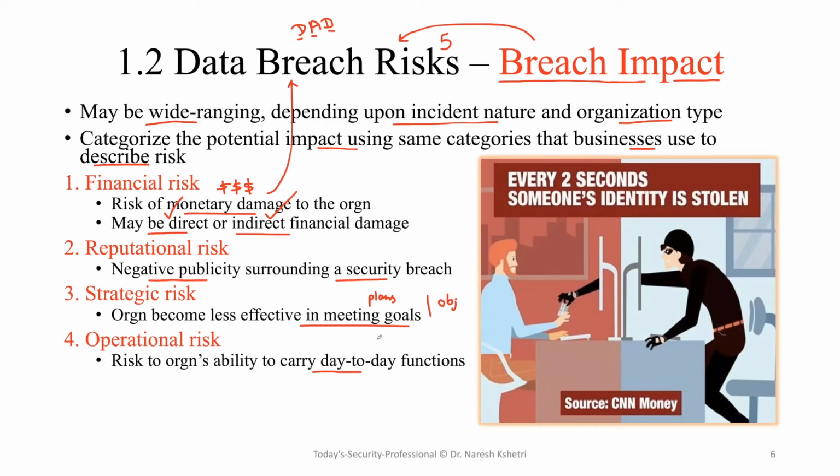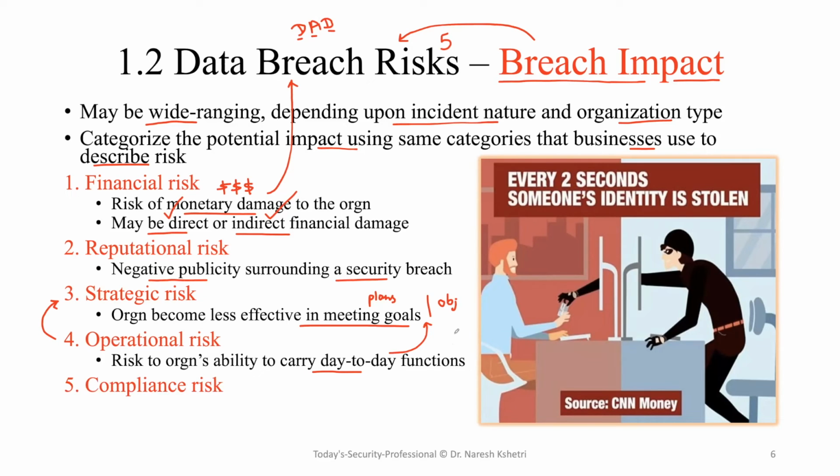Operational risks are closely related to strategic risk: if the day-to-day function is affected, that ultimately affects meeting the goals or objectives. On the other hand, if the risk causes inefficiency and delay, it is better placed in the operational risk category, because if you are delaying products, you will be losing customers.